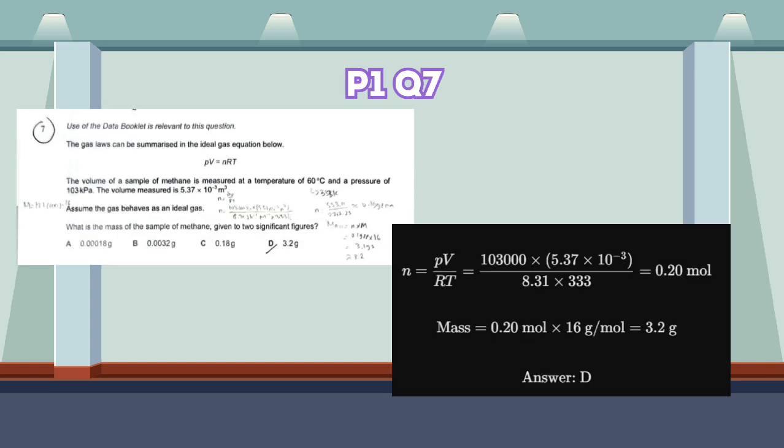For the second question, from paper 1 question 7. First, we rearrange the formula to find the number of moles: n equals PV per RT.